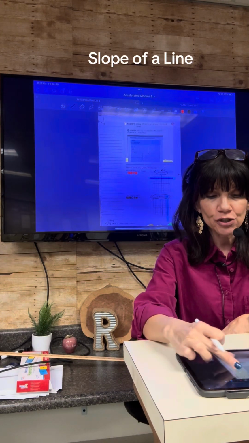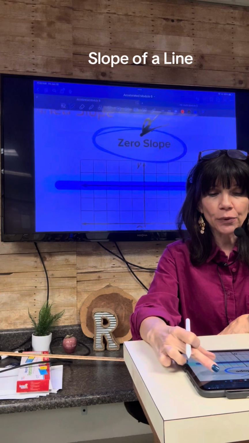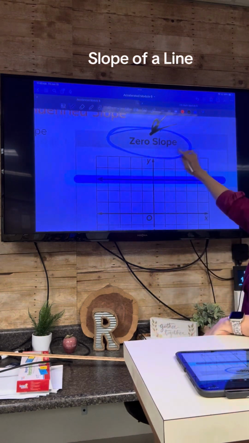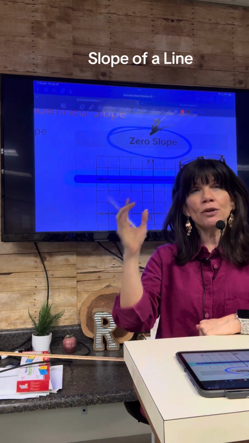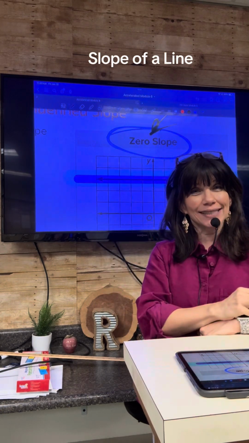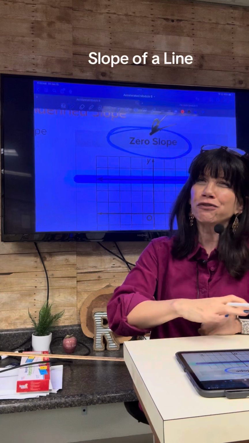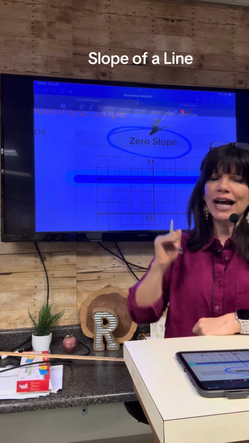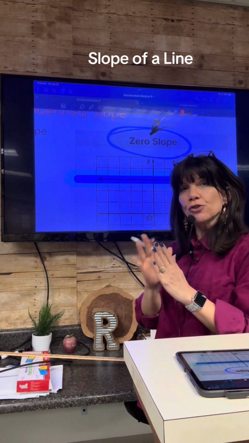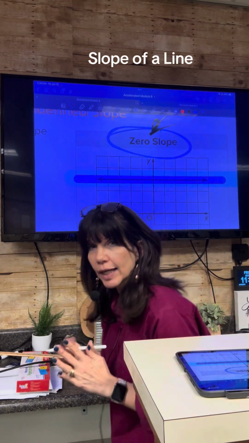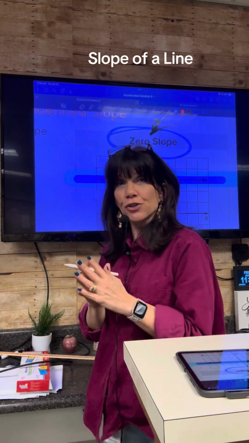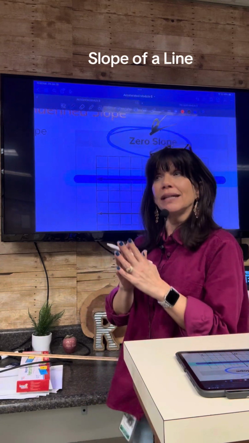On this page, you will see that they are showing you a zero slope. Please circle the words zero slope. Please trace the horizontal line. Zero slope is a horizontal line. This is how you want a floor to be. You want a floor to have zero slope. You don't want to enter the door to a room and have to go like you're walking down a hill, right? You don't want to enter a room and act like you're trying to climb a hill either.